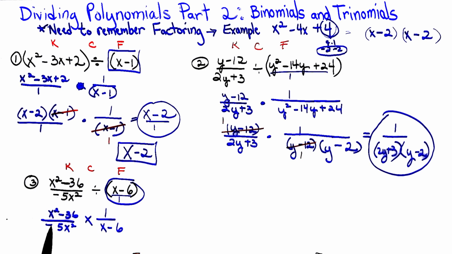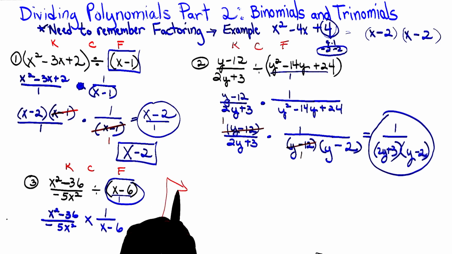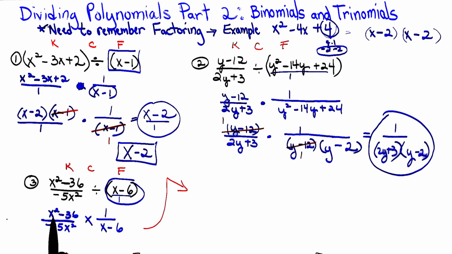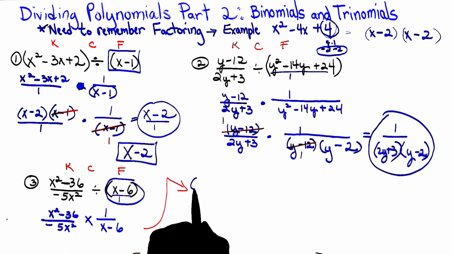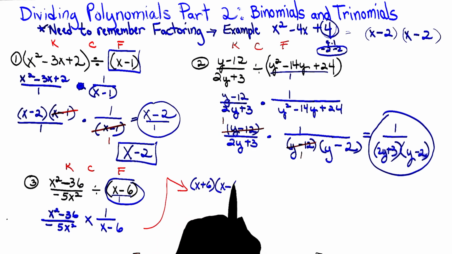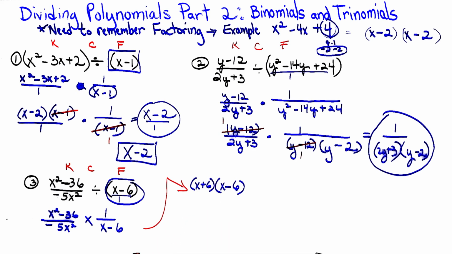Okay? Looking at this now, I know that that is a difference of 2 squares. And to continue to work this problem, I'm going to bring it over here. So I'm going to break up my x² - 36 into (x + 6) and (x - 6). That is our difference of 2 squares.